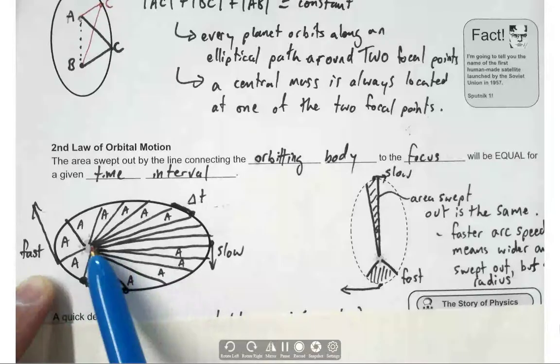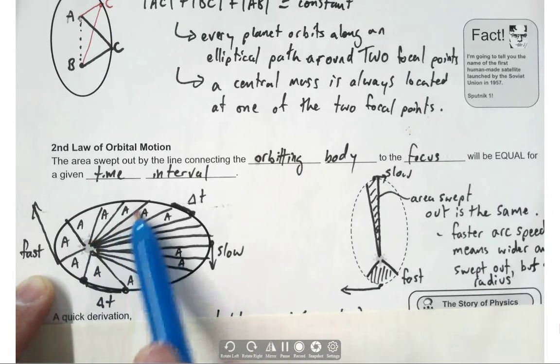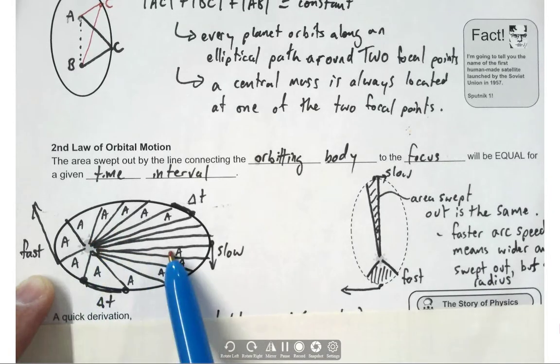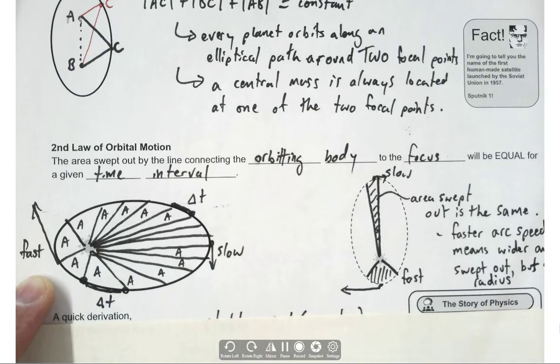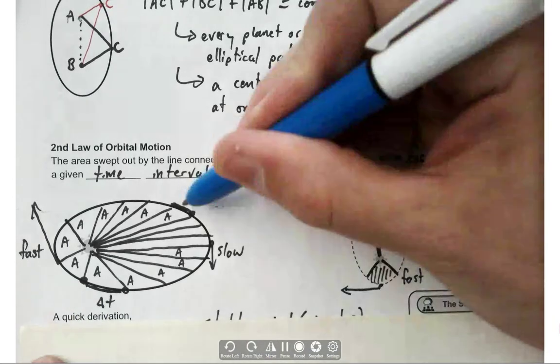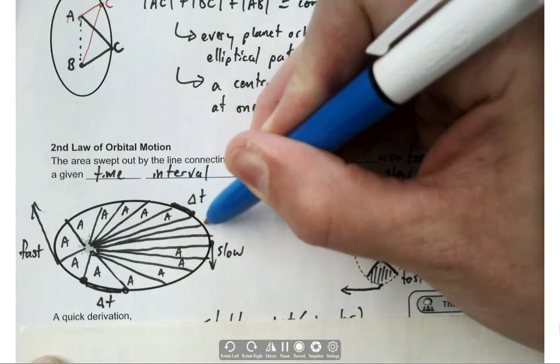So if you think of each of these lines radiating out from the central mass at one of the foci as being almost like a minute hand on a clock, tick, tick, tick, tick. Each one of the ticks would represent an equal interval of time.